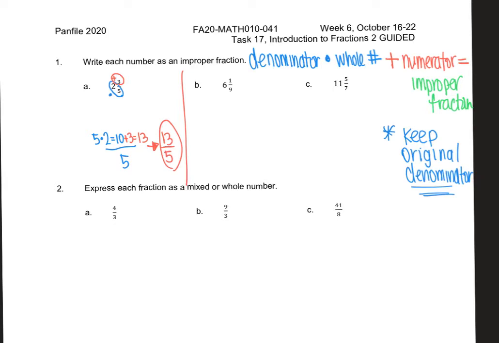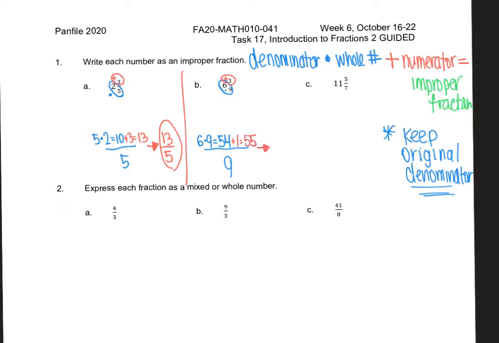All right, let's try the next one. We're going to keep the over 9. And then we're going to multiply this, and we're going to add that. So what that looks like is 6 times 9 equals 54, plus 1 is 55.